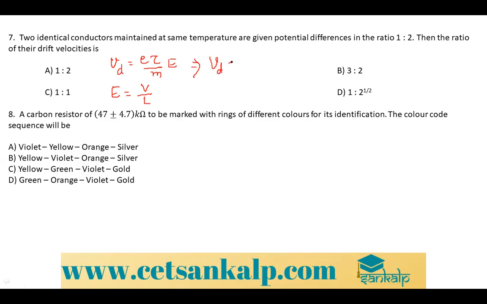So Vd is equal to e tau divided by m into V by L. So from this you can say Vd is directly proportional to voltage, right? So the answer will be 1 is to 1. No, 1 is to 2 is the right answer, because it is directly proportional and they are given the potential difference as 1 is to 2. So the answer also will be 1 is to 2 only.